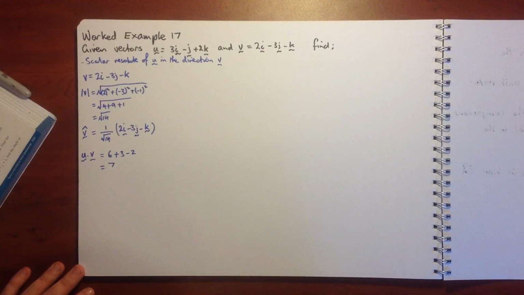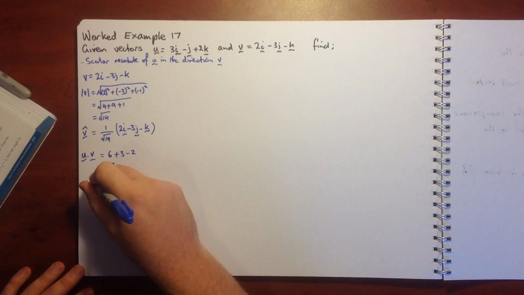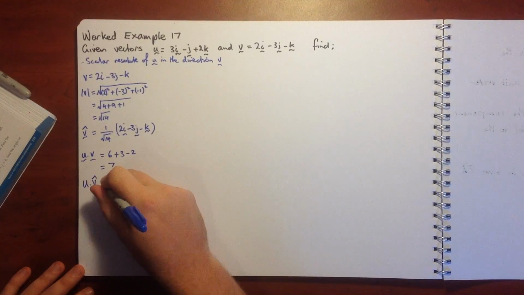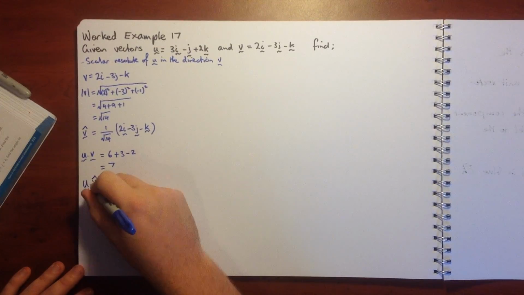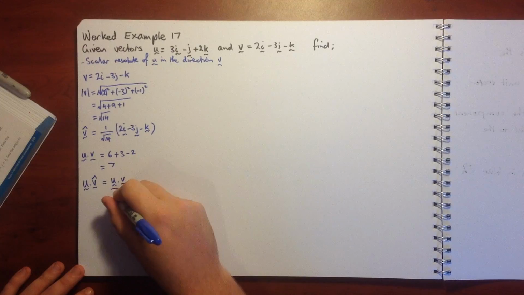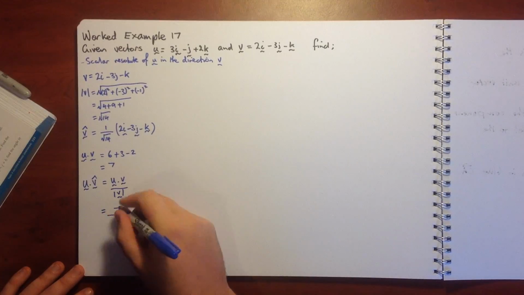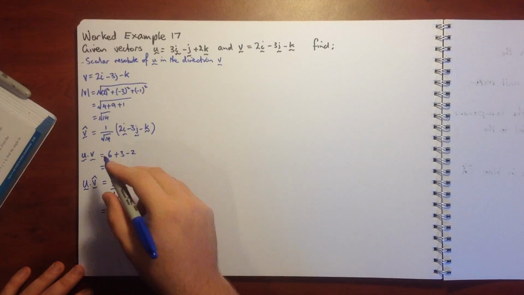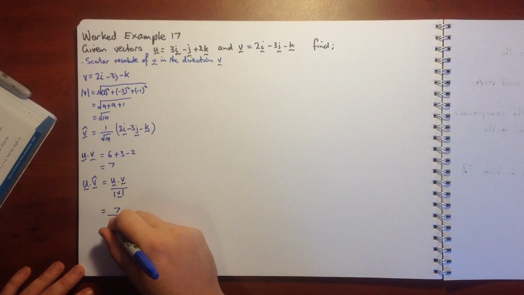Okay, so our scalar resolute of u in the direction of v is given by u dot v hat, which equals u dot v on the magnitude of v. So that's going to equal 7 over our magnitude of v, which is root 14.